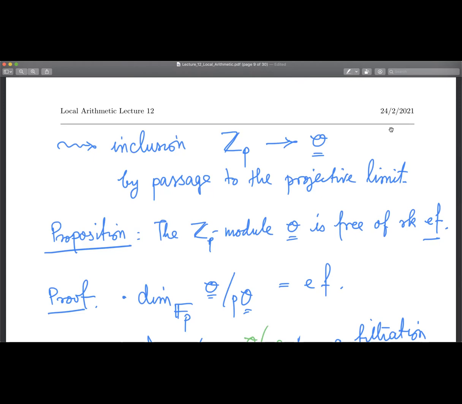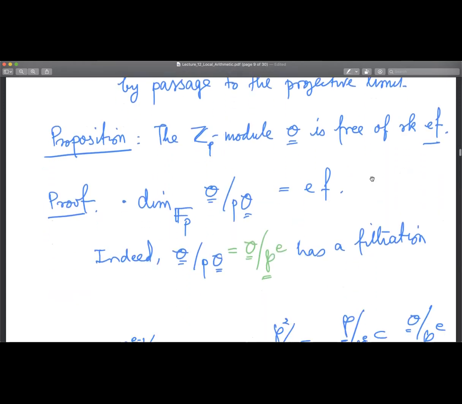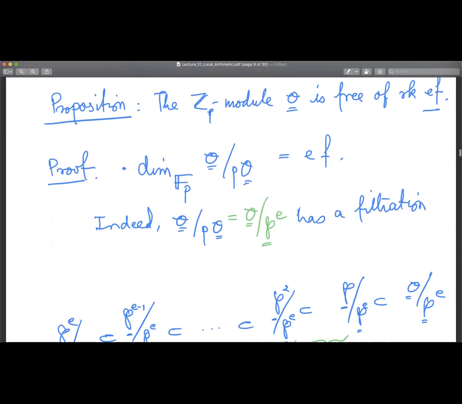Little k is a finite extension of F_p, because capital K is a p-adic field. So little k contains F_p, it's a finite extension, and f is the degree. In order to prove this proposition, I claim first that the dimension as an F_p vector space of O modulo pO is ef.